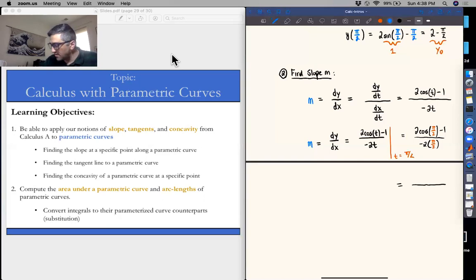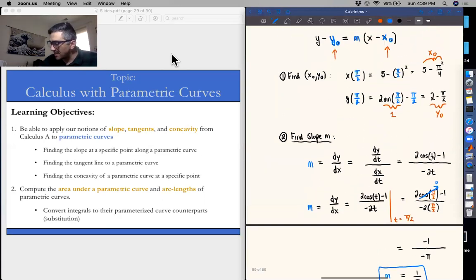Cosine of pi over 2, well, that's equal to 0. So in that numerator, we get a minus 1. In that denominator, we get a minus pi. So the slope at this point is actually equal to 1 over pi.